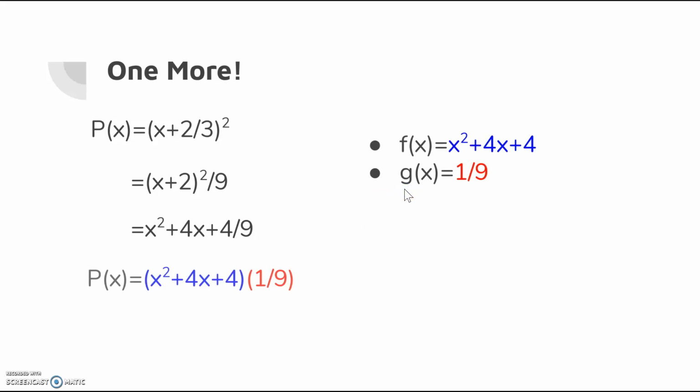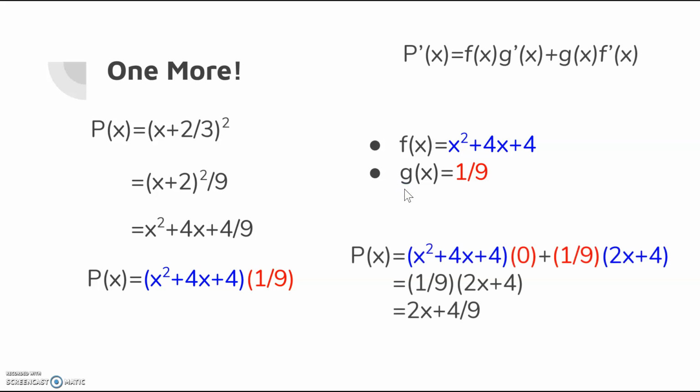So identifying the two parts of this function, we have f of x equals x squared plus 4x plus 4, and g of x equals 1 over 9.